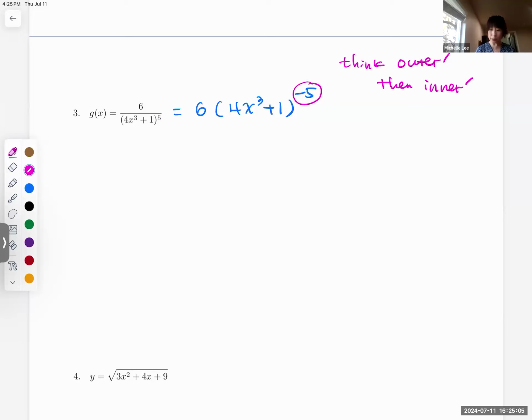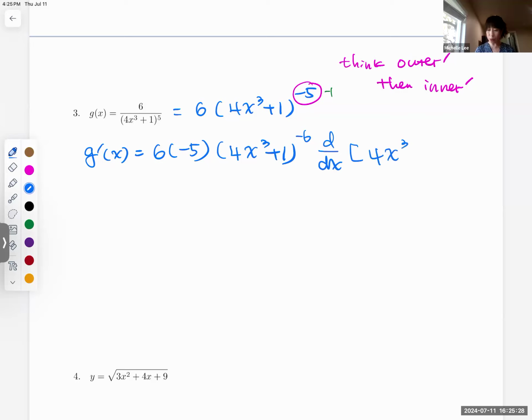So outer is this, g prime of x, 6, we keep the coefficient, drop the power, and reduce by 1. So negative 6. Then what's inside? 4x to the third power plus 1.